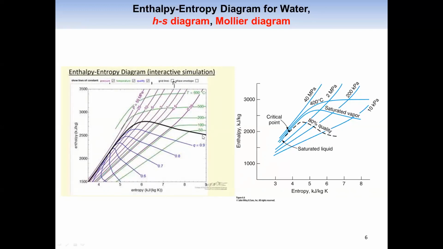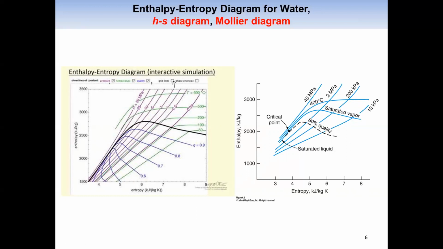There is a phase envelope represented by this heavy line, and there are constant temperature lines, and there are constant pressure lines with the highest slope, and there are constant quality lines.